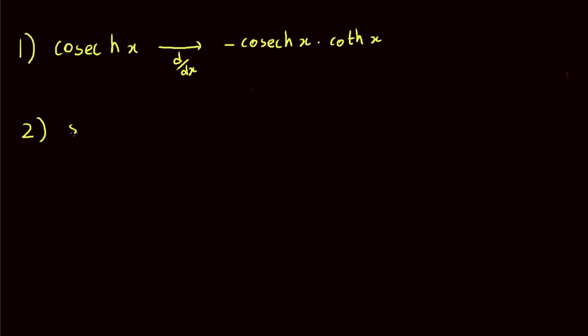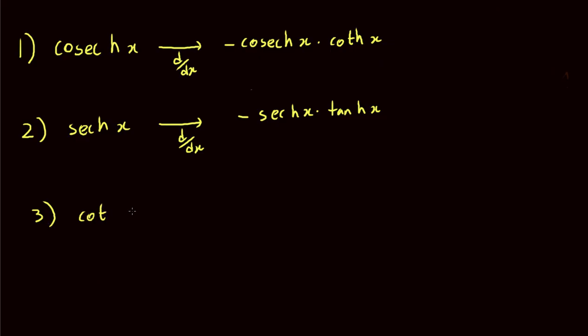For sec hyperbolic x, if we take the derivative of it, it would be negative sec hyperbolic x times tan hyperbolic x. And last is cot hyperbolic x.